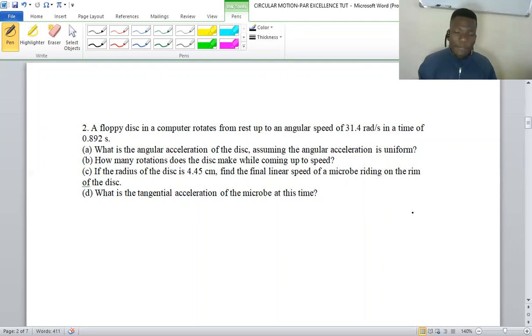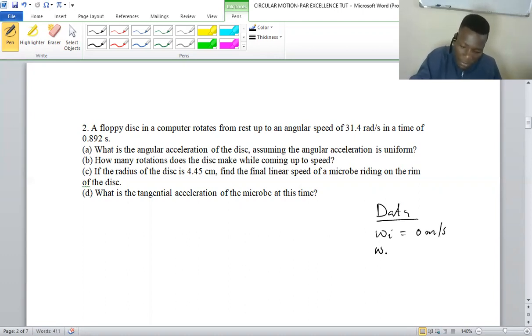So first of all, you look at the data that you've been given. The initial angular speed, because we've been told that it is coming from rest. If an object is coming from rest, it means the initial speed is zero because it was not moving. So we have 0 rad per second.